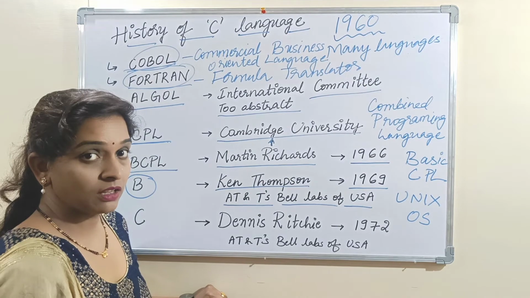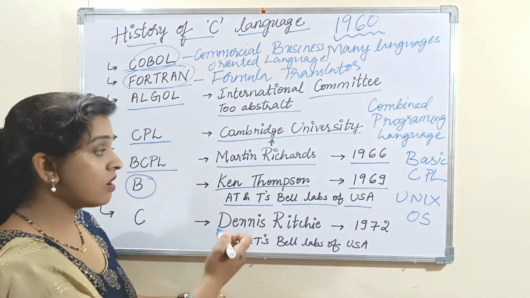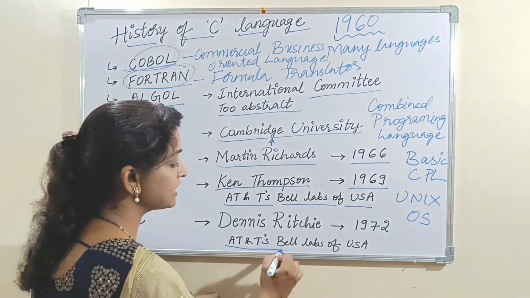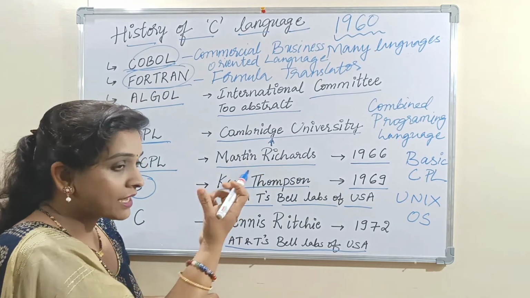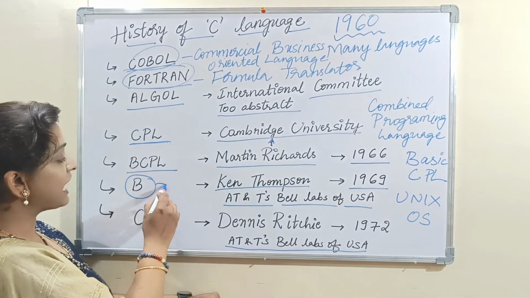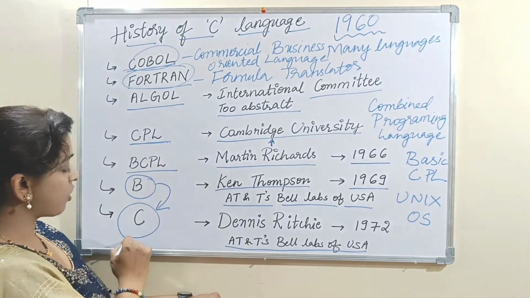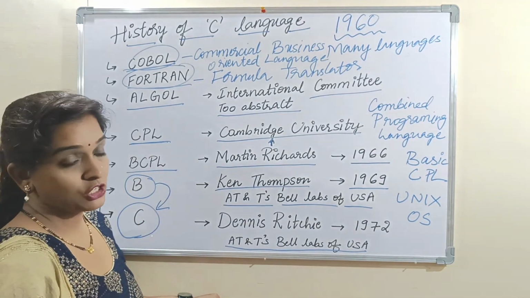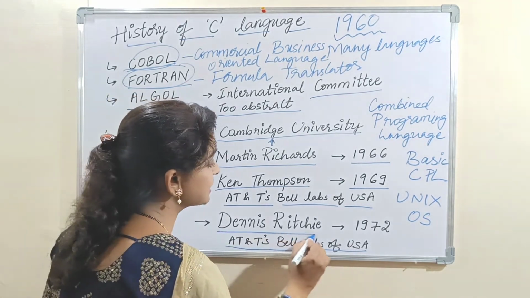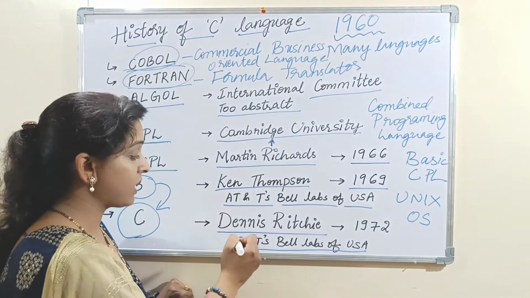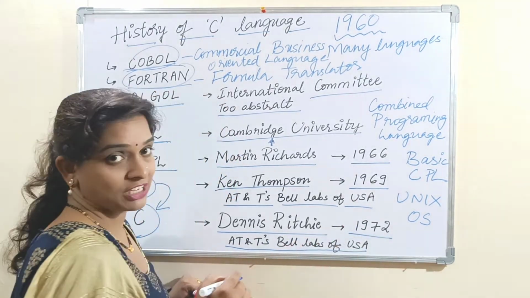Then Dennis Ritchie, who worked at the same AT&T's Bell Labs of USA, extracted the features of B language and introduced the language called C. C language was introduced by Dennis Ritchie, again at the same Bell Labs, in the year 1972.